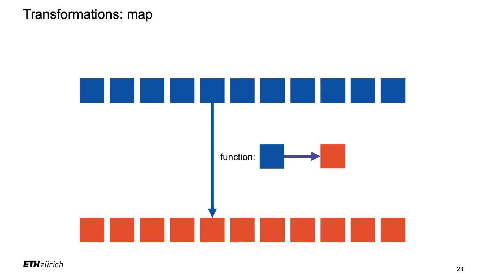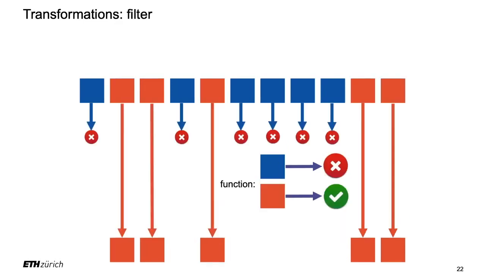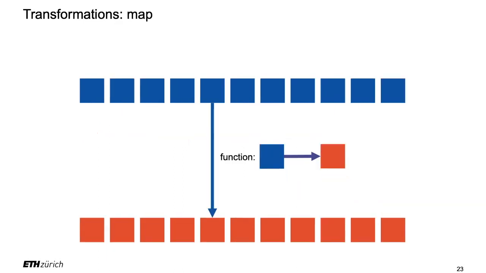It can be anything. It doesn't even need to be the same type, right? So you map every value from the top RDD to exactly one value in the result RDD. Exactly one. That's very important. Exactly one. Okay. So this is the map. And again, it's just a lambda. Here it's a value that returns a Boolean. Here it's a value that returns another value, possibly of a different type.